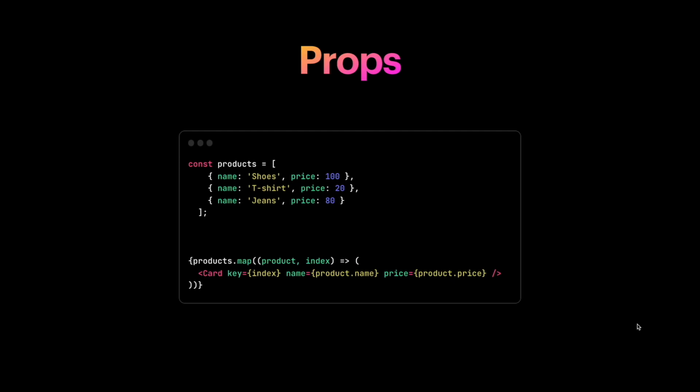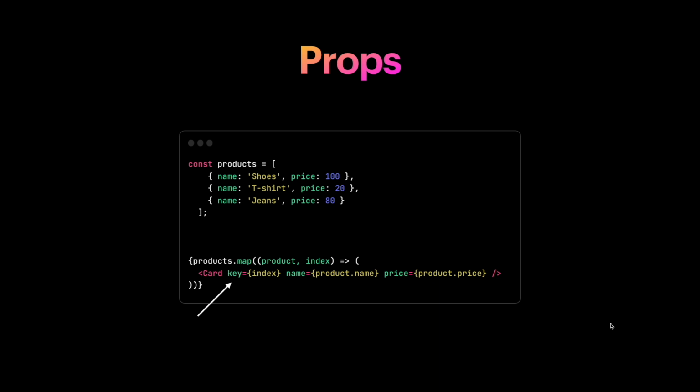I want to refactor this code by storing the product's information in an array and looping through it using the map method. In React, when rendering a list of elements using map, each rendered element must have a unique key property assigned to it. The key prop helps React identify which items have been changed, added, or removed.